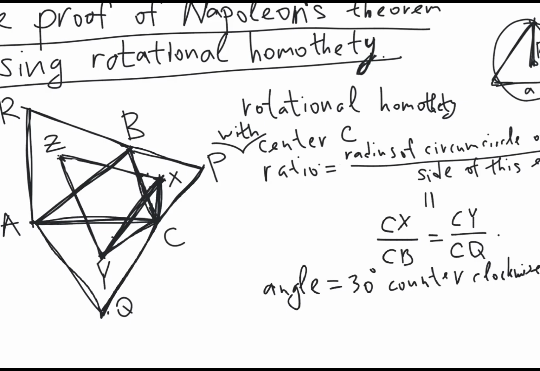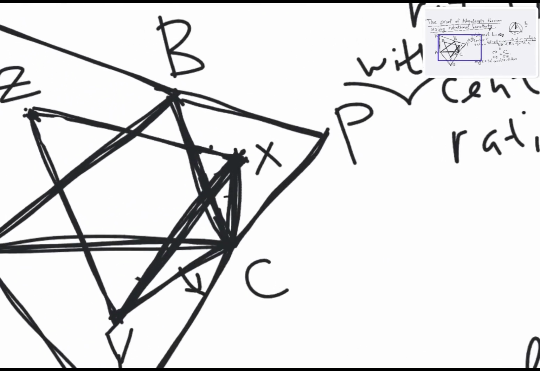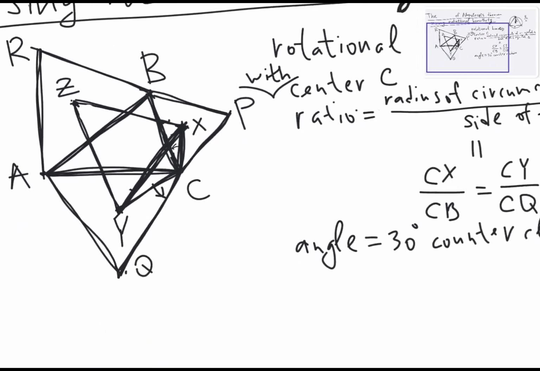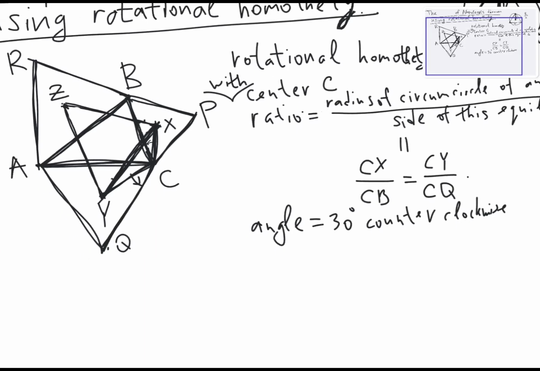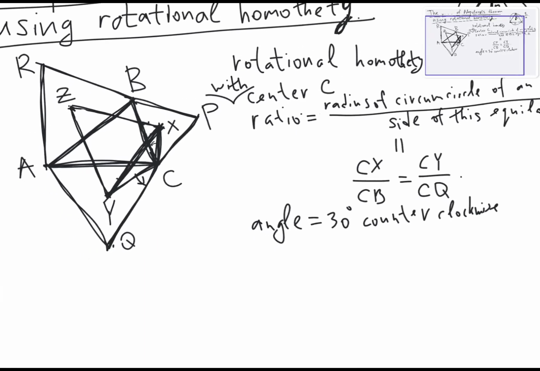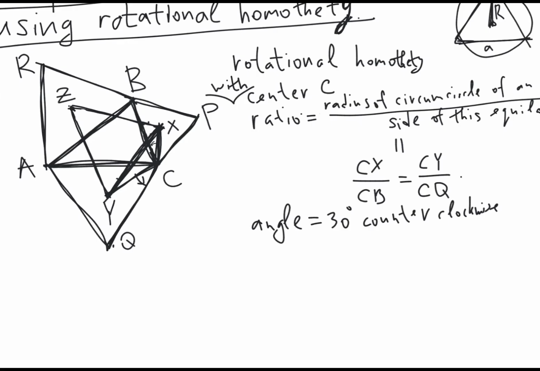So basically we rotate here and here, and notice that rotational homothety is just a composition of a homothety and rotation.